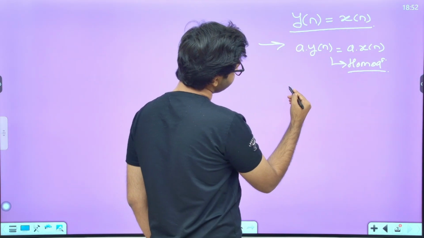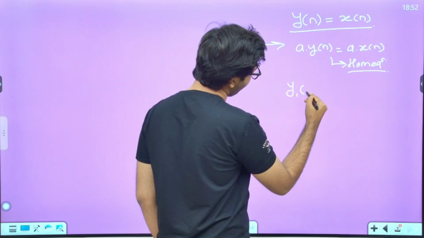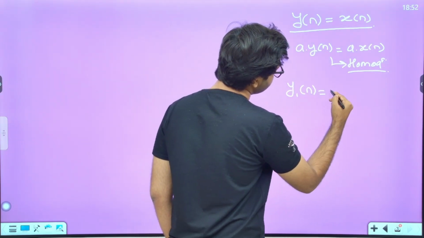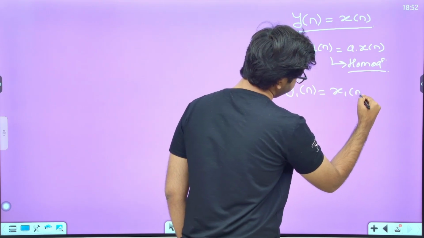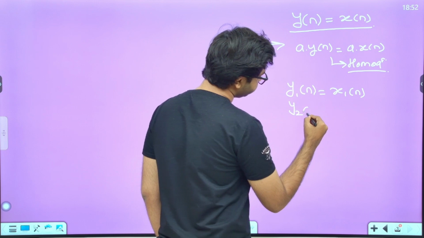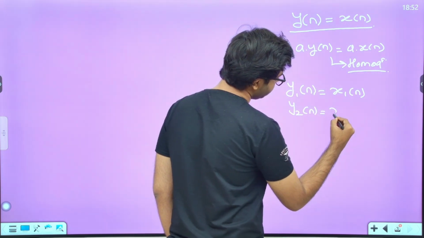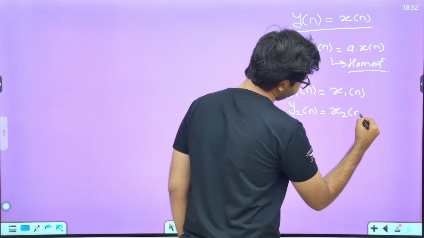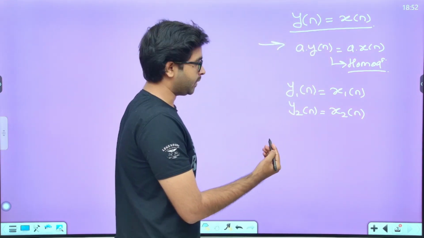Let's consider this equation. Let's split it: y1 of n is equal to x1 of n. This is the first part. Then y2 of n is equal to x2 of n. This is the second part.